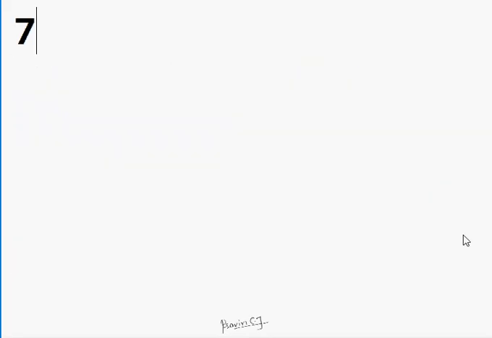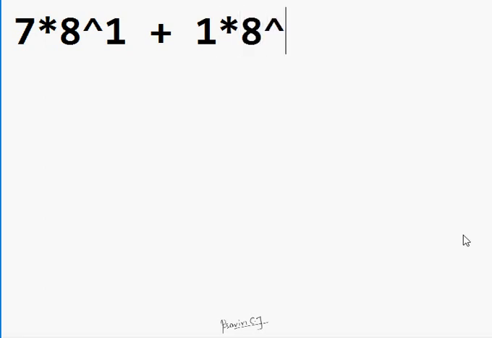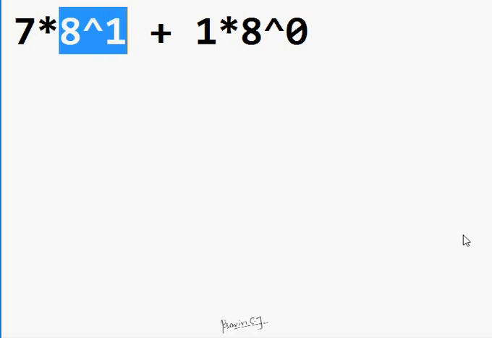7 and then the next digit is 1. So 7 is multiplied by 8, and 1 is not going to be multiplied, because this one is 8 to the power 1, and this one is 8 to the power 0. The last digit is 8 to the power 0. 8 to the power 0 becomes 1, and 8 to the power 1 becomes 8.